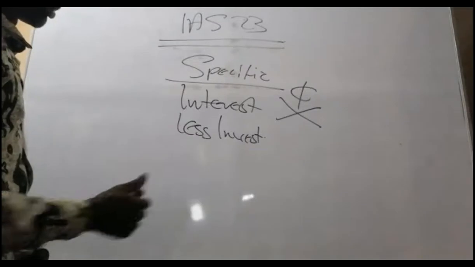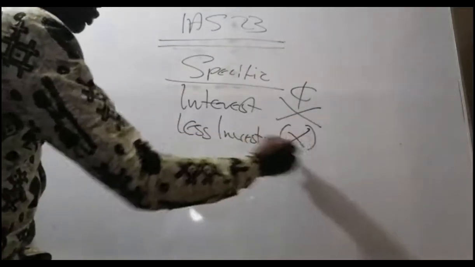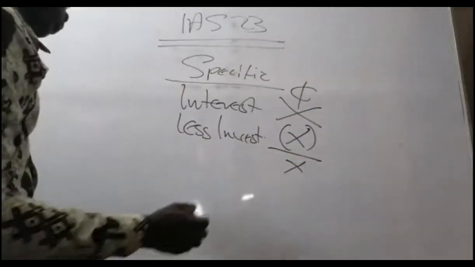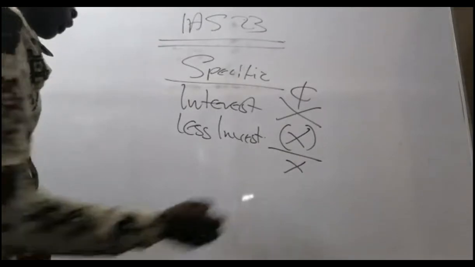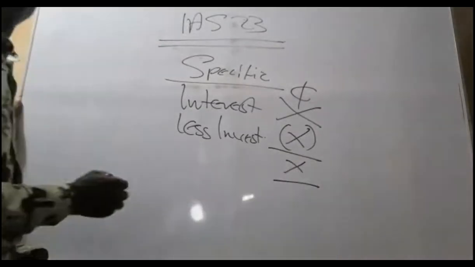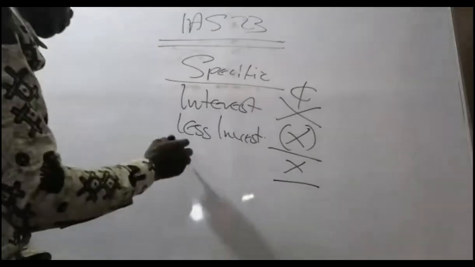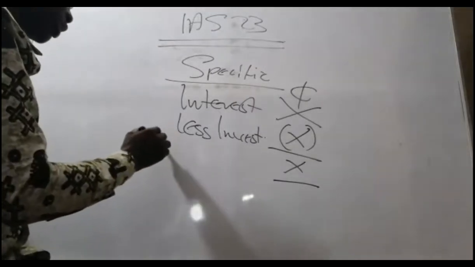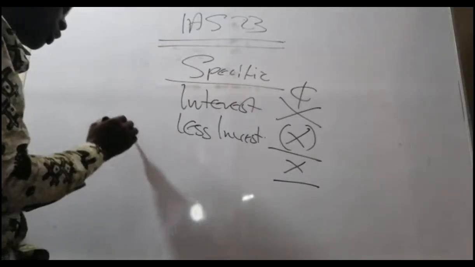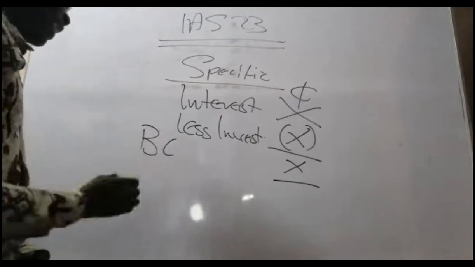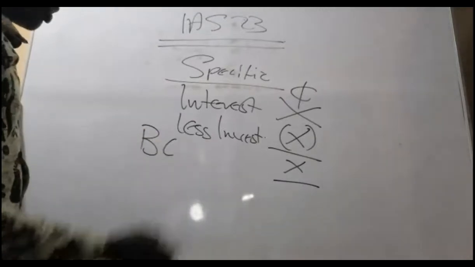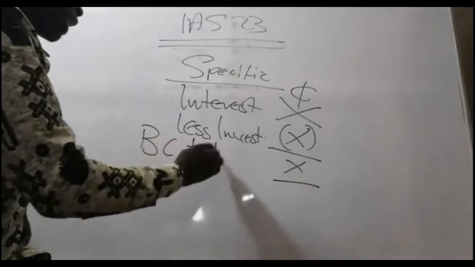Then you take it off. Investment income. So this is the borrowing cost eligible for capitalization. This one becomes BC eligible for capitalization, or borrowing cost to be capitalized.